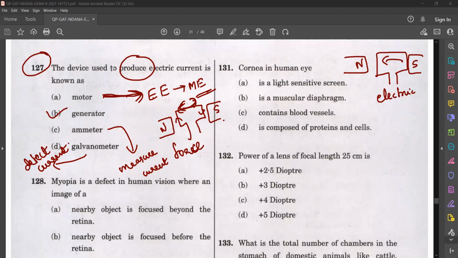Ammeter is a device used to measure current. Galvanometer, other than measuring, detects small currents. It can tell you whether current is present or not. Okay. So we'll move to the next question.